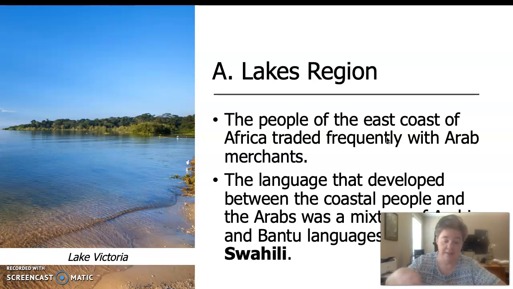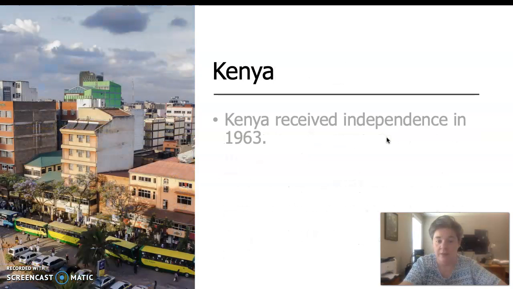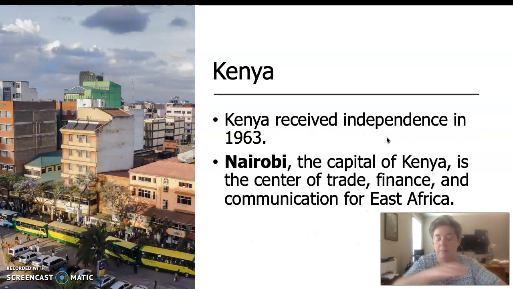The Portuguese came in later and tried to establish a trading post in Kenya, and the Kenyans were not very interested in it, and they eventually ran them out in, I believe, the 1700s.